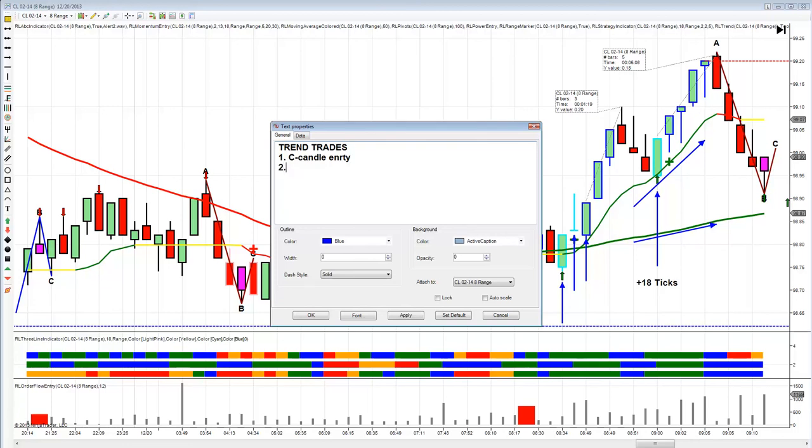Second is your momentum entry. Your third is your power entry. And your fourth is your strategy entry.